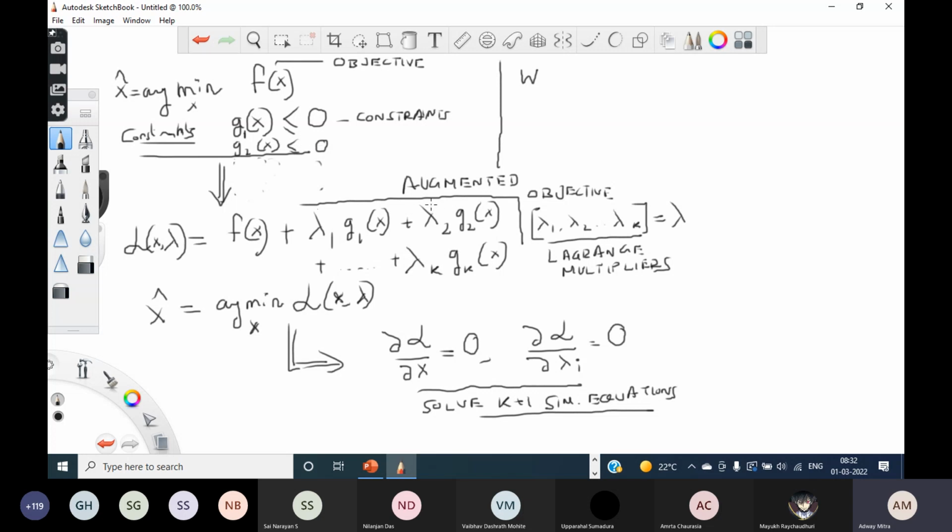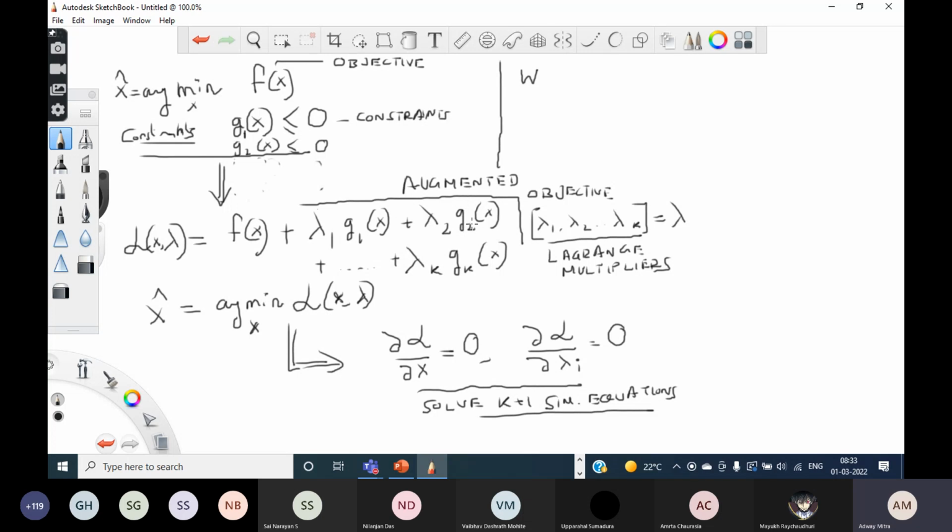Basically, as I said, the purpose of the lambda values is to make sure that in case there are some contradictory constraints, like reducing one results in the increase of the other, then the corresponding lambda will adjust itself in such a way that even if the g2(x) goes up, it will not disturb the overall sum so much that the overall sum will go up.